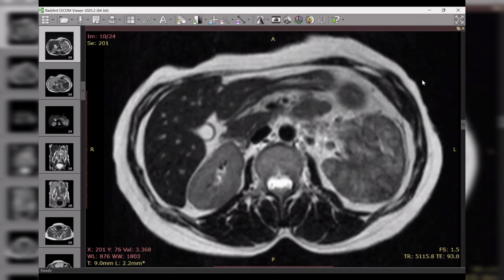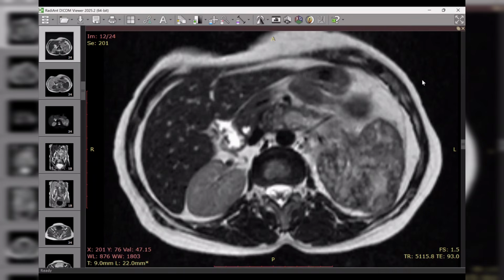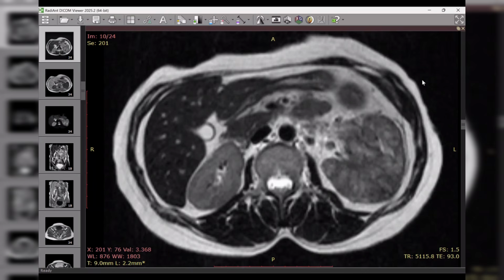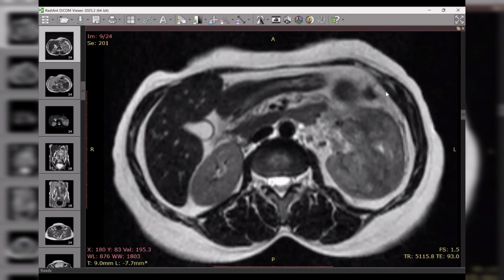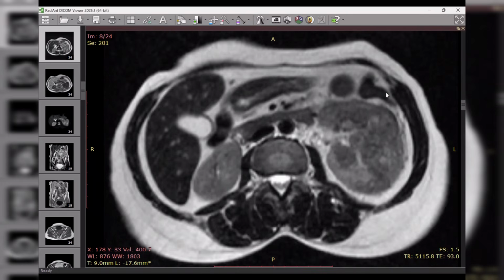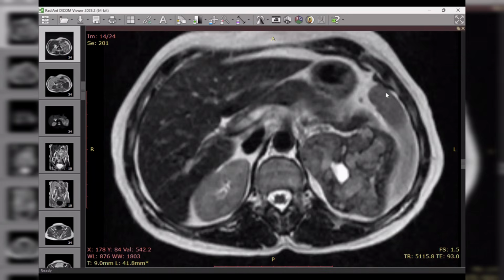The left renal vein also appears expanded, as the mass is extending into the left renal vein and causing its expansion. There are also some high signal areas seen in these masses.